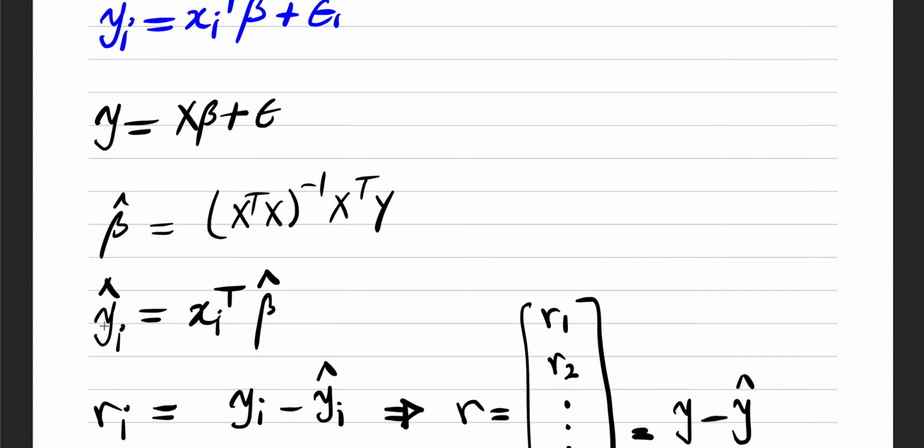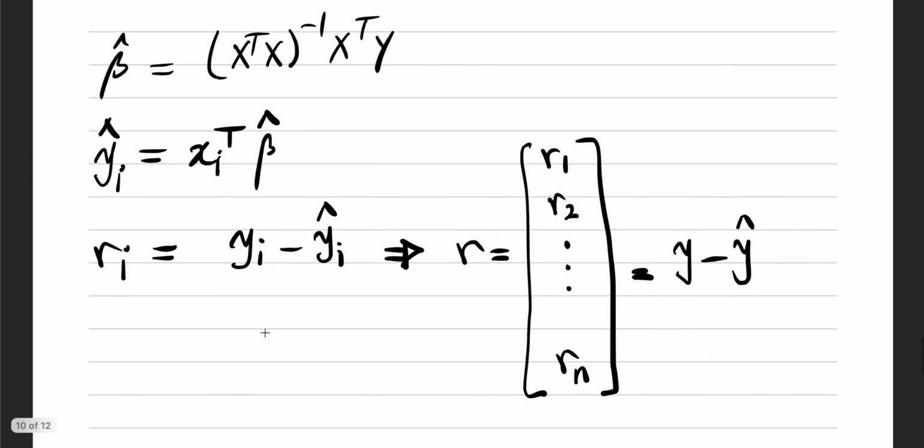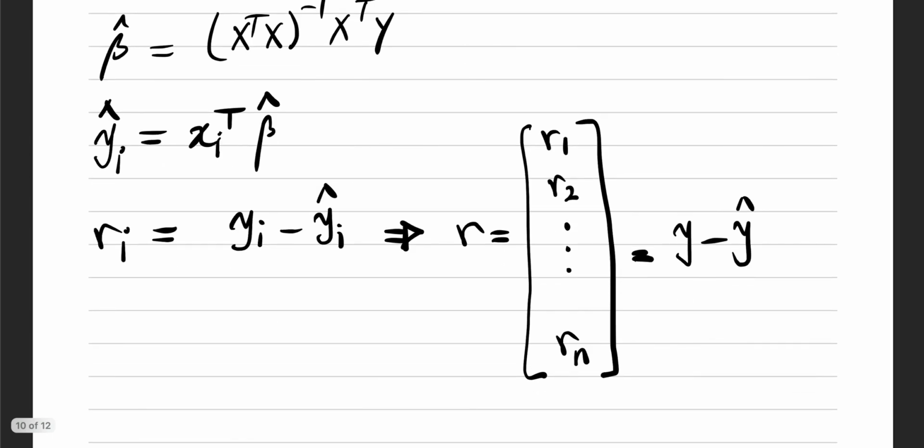Yi hat is a prediction, which is xi transpose beta hat. And then the residual will be yi minus yi hat, so the observation minus its prediction. Okay, so these are the residuals.